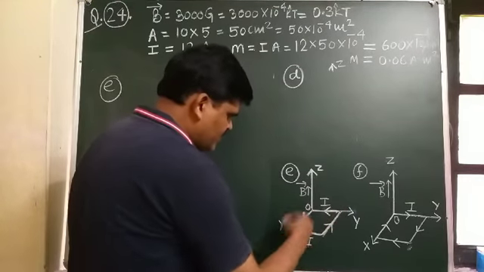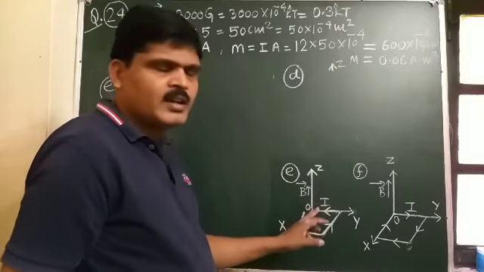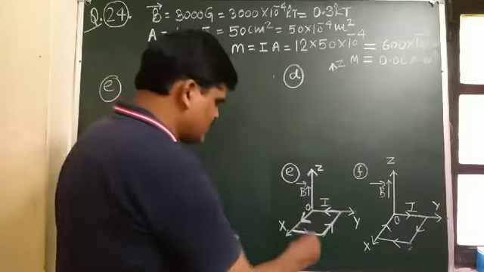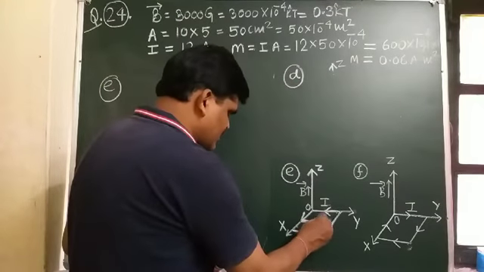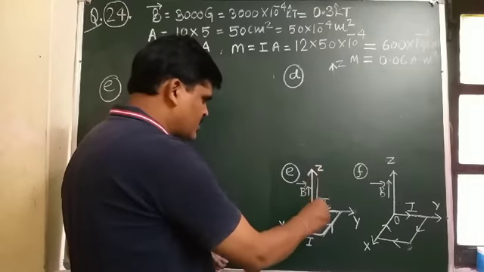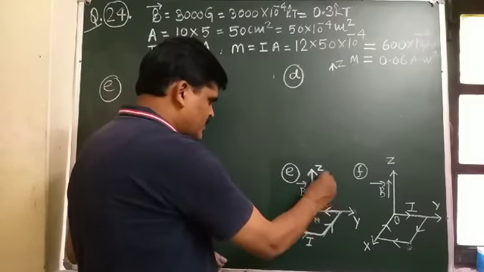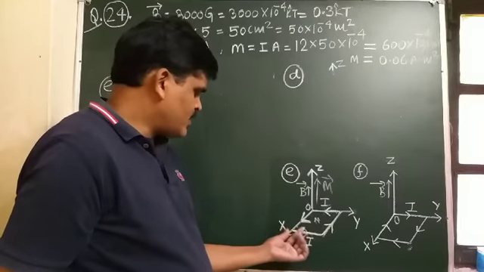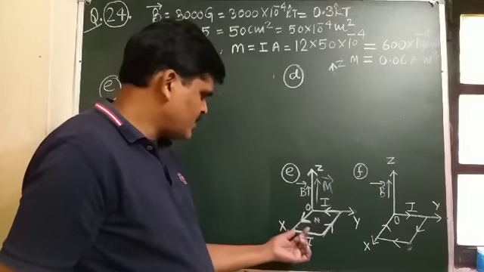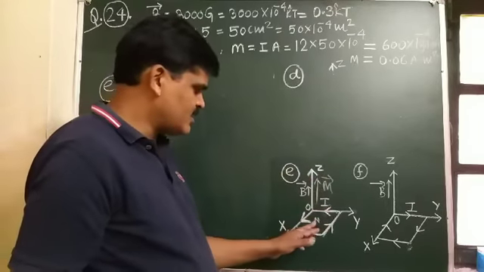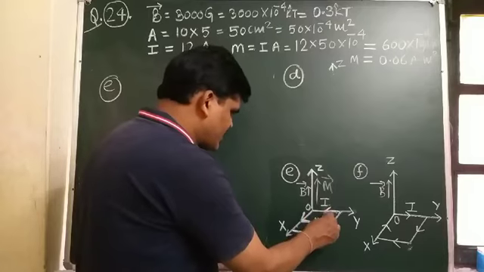Current is flowing anti-clockwise here. So this face is North. The direction of magnetic moment is perpendicular to this rectangular plane, perpendicular to the xy plane, towards the z axis.